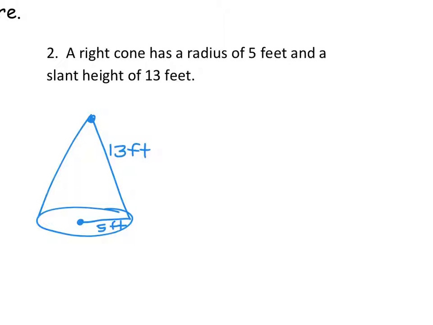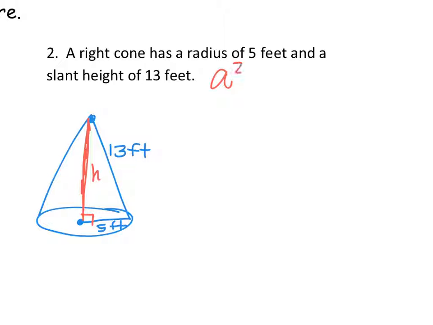In order to find the volume, you need the height, though. You don't have the height right now. You're going to have to get the height. Altitudes or heights make a right angle with the base. You have done this so many times in this class. When you have two sides of a right triangle and you want to find the third, what do we use?